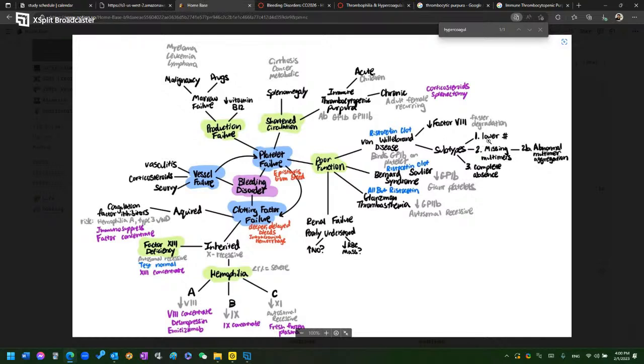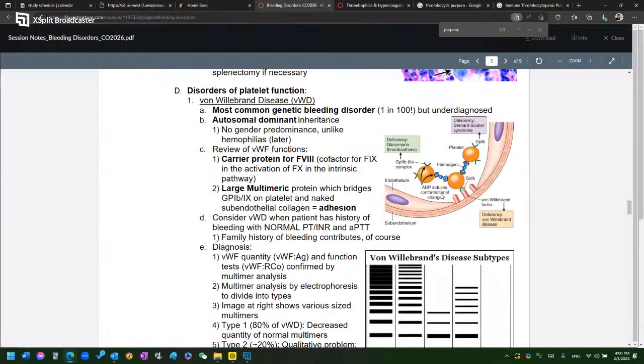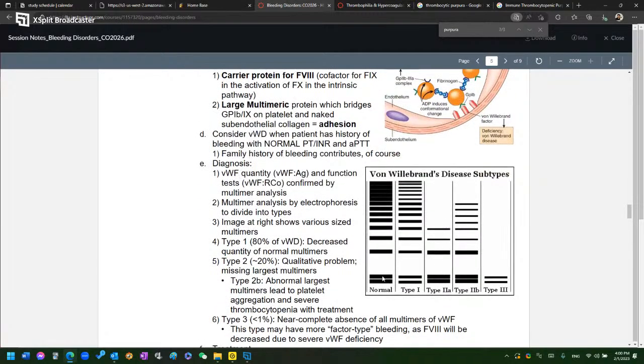You could have fewer von Willebrands. You could have missing multimers of von Willebrands, so it'll be a dysfunctional von Willebrands. And what that looks like is this. So if this is normal, then you're missing some of your subunits.